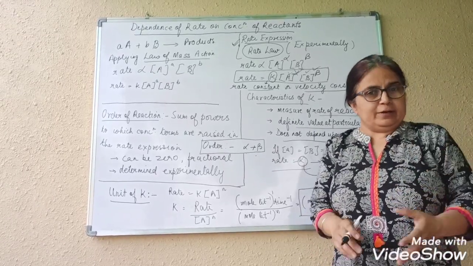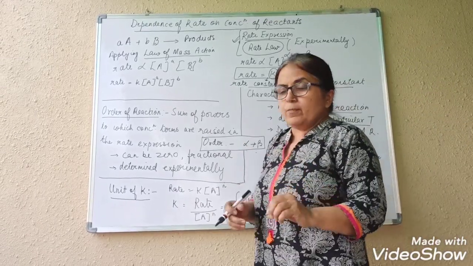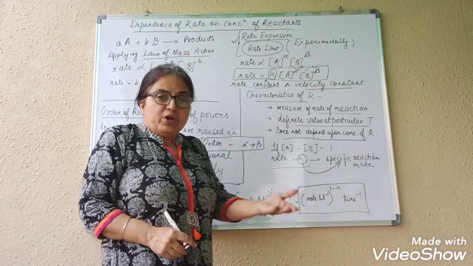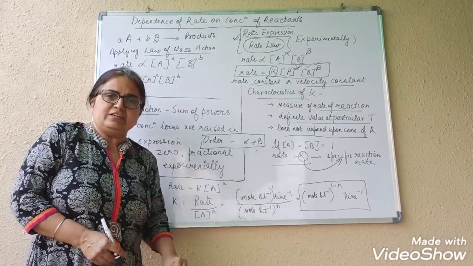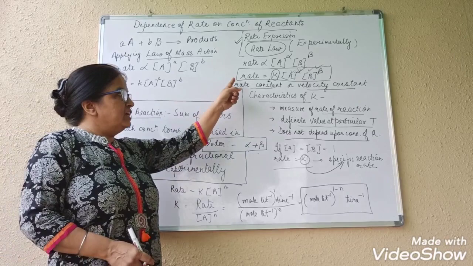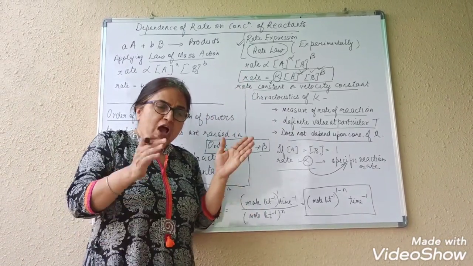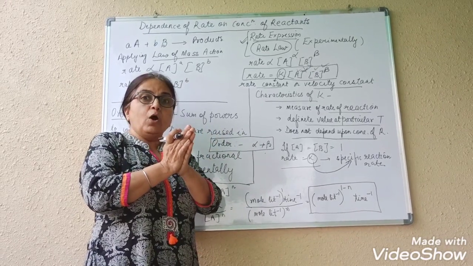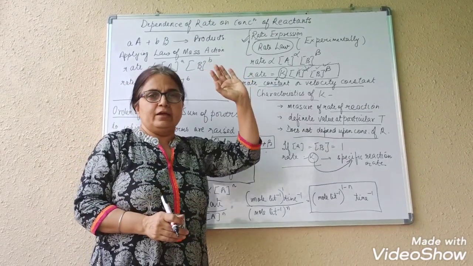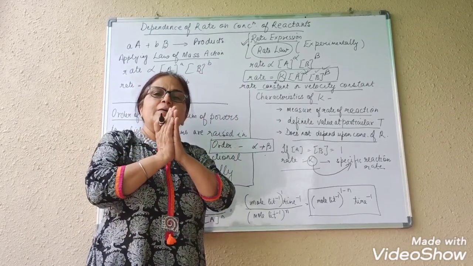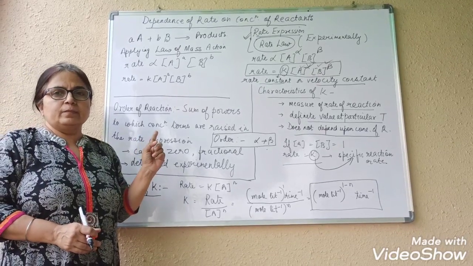We define order of reaction as the sum of the powers to which the concentration terms are raised in the rate expression. We had the powers as alpha and beta, so alpha plus beta, which appear experimentally, is called the order of the reaction.